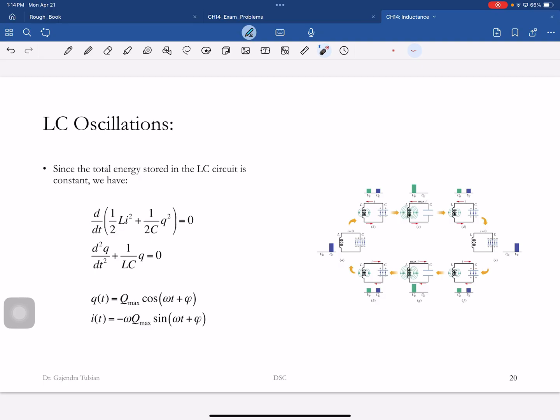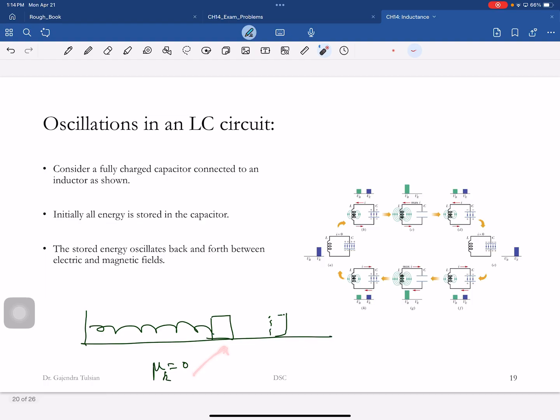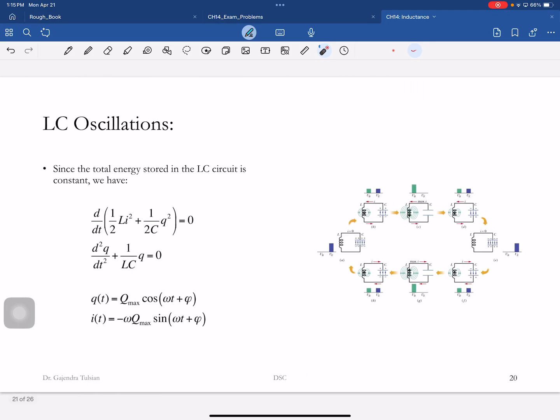There's no friction. What is happening to the energy? Is it dissipating? Is it decreasing? The total energy of this thing is constant, potential plus kinetic energy. So this is the total energy, and it's constant.